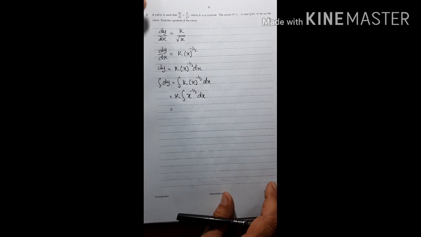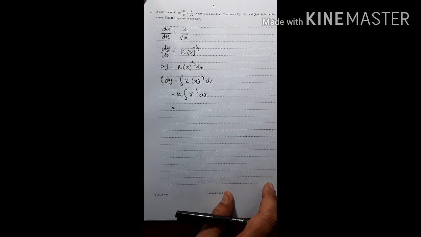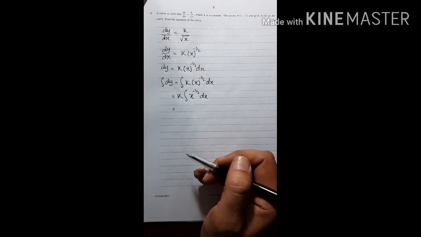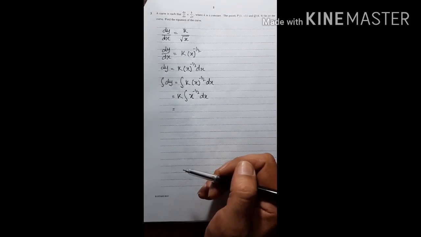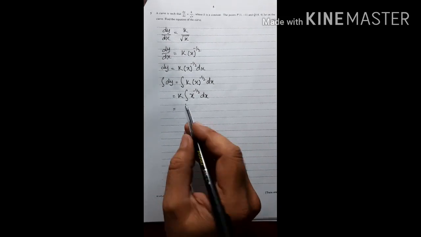So students, please keep in mind the usage of your space is the key in the solution of the paper, because if you use the space carefully or sensibly, then you will face less issues, less problems during the solution of the paper.